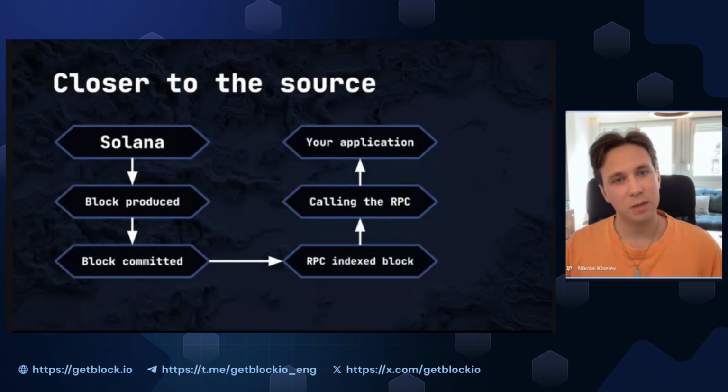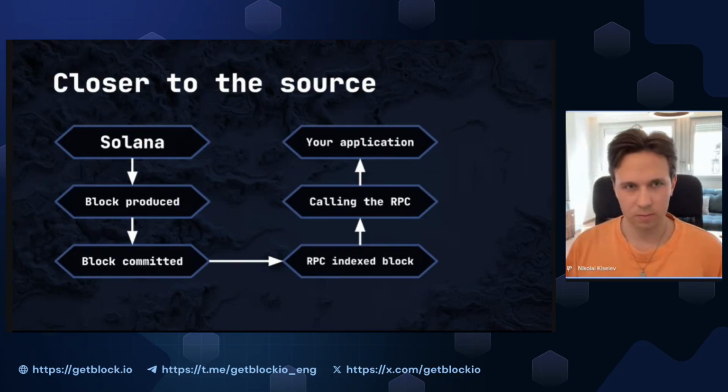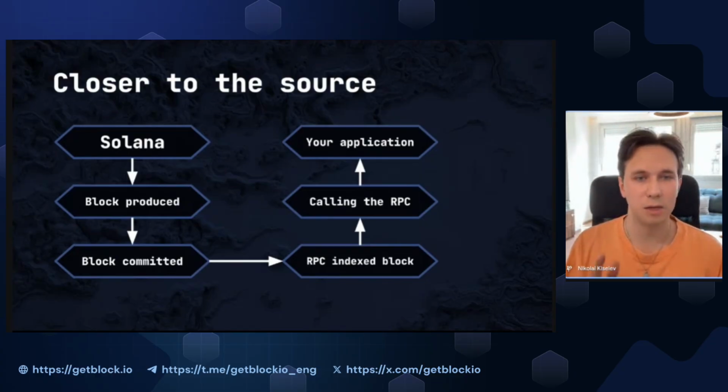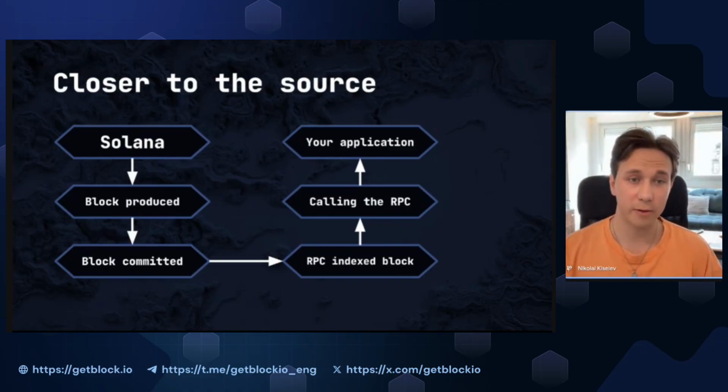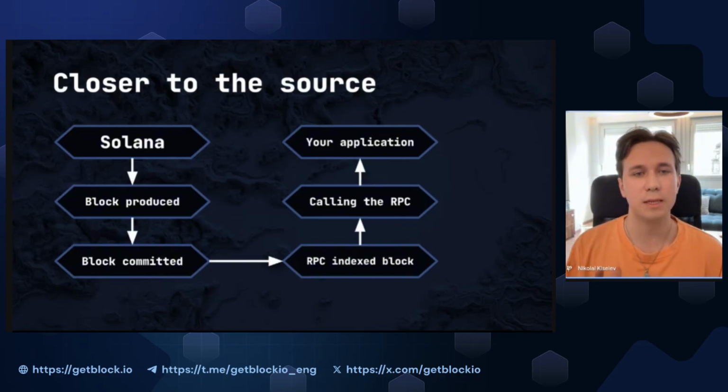So what does it mean to be close to the source? You have the Solana blockchain in the top left corner, and it goes to your application to process some event. For example, you have a trader bot that wants to buy or sell something. If you do high frequency trading, that's exactly the path this event will go.